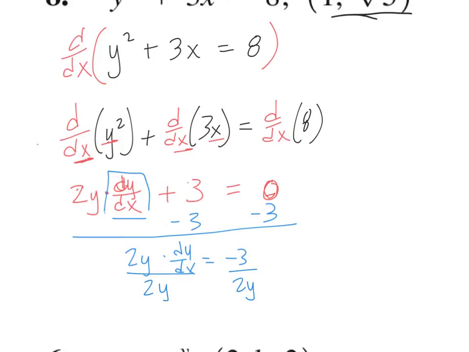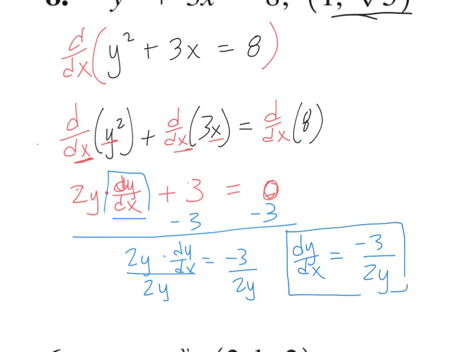So I end up getting that dy/dx is equal to negative 3 over 2y, okay? So what I want you to realize is that my derivative may contain x or y or both. In this case, my derivative only contains y, all right?